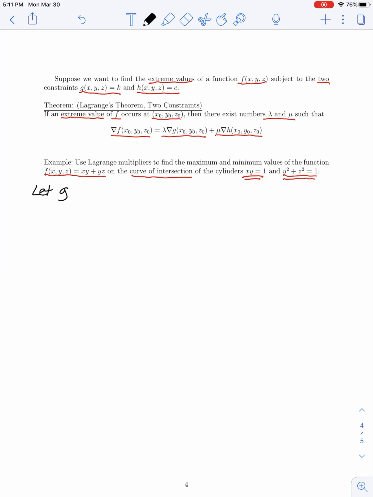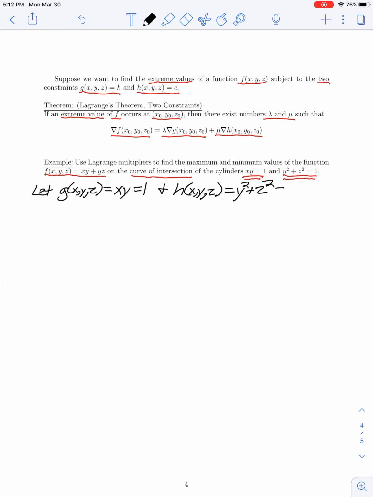We're only considering points which lie on both of these surfaces in order to lie on their curve of intersection. So as with our earlier examples, let's start by giving these constraint functions a name. In our first constraint, we have a function g in terms of three variables, really here just defined in terms of x and y, equal to x times y, which has to equal 1.